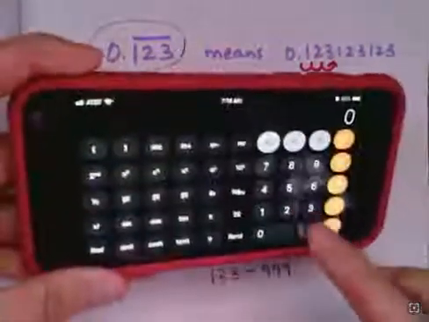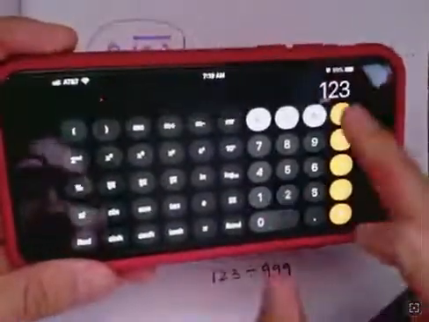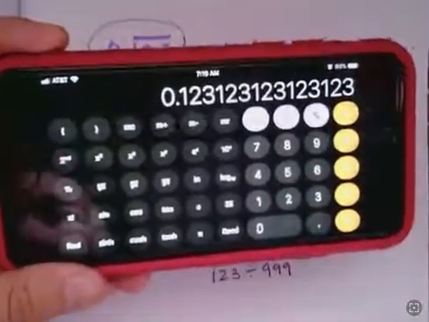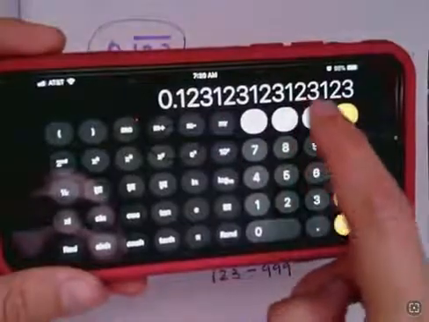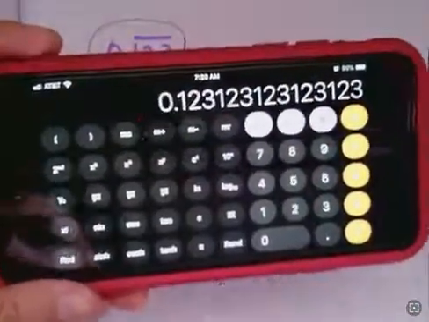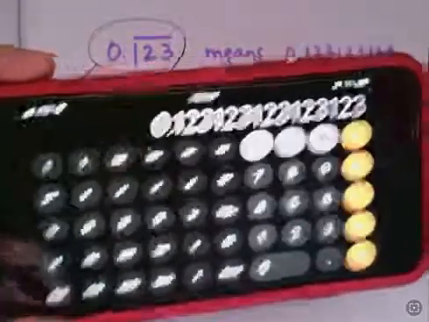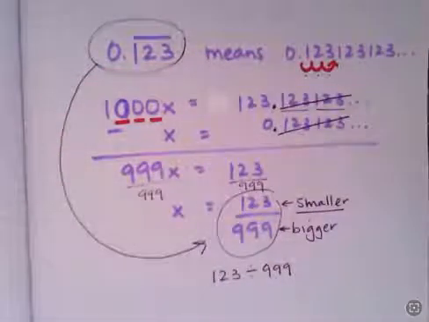So let's go ahead and try that. And you do. You get 1, 2, 3, 1, 2, 3, 1, 2, 3, 1, 2, 3, all the way until the calculator can't even input the value anymore. Okay? So hopefully that was somehow helpful.